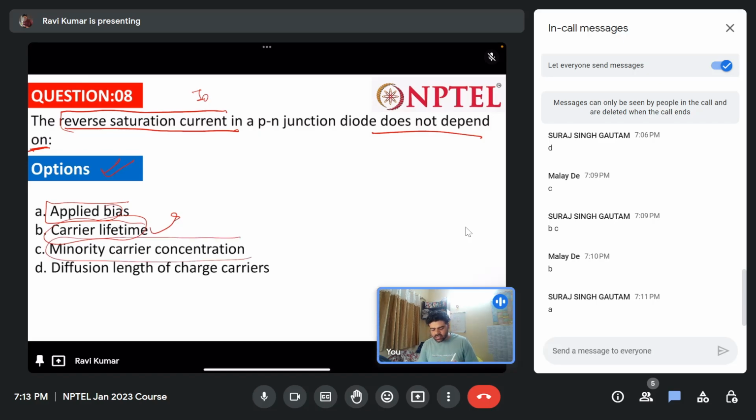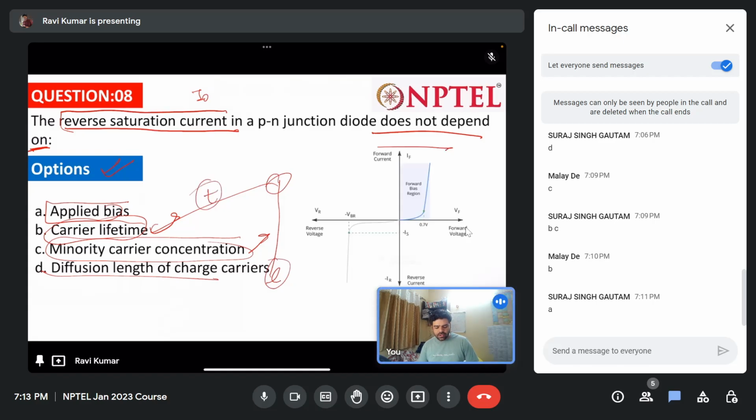Minority carrier concentration, definitely. If concentration is low, then reverse saturation current will be low, because this reverse saturation current is constituted of minority charge concentration. Diffusion length of charge carriers and lifetime are the same thing, just in terms of length, it is in terms of time.